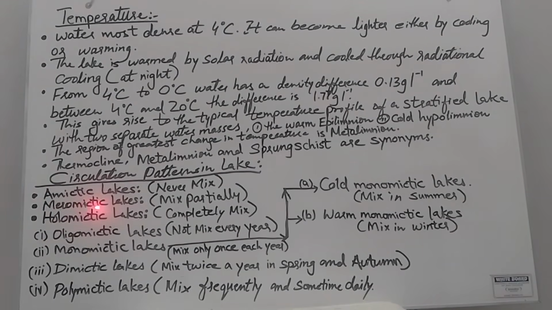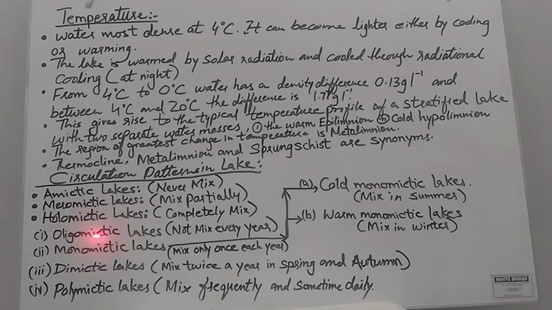Meaning partially mixing lakes. And the third major type is holomictic lakes. Holo means completely mixing. So these types of lakes mix completely. Now, on the basis of the number of mixing, it has four major types. Number one, oligomictic lakes.